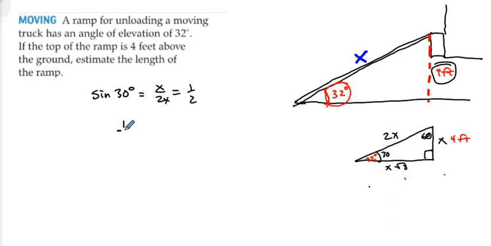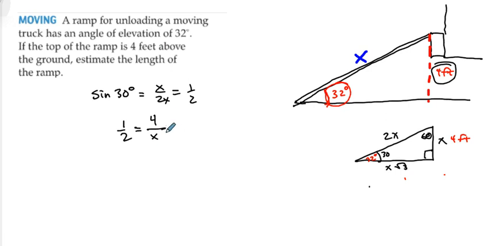It should be equal to this same ratio. Think about what sine is. Sine is opposite over hypotenuse. My hypotenuse in this case is x, so I'm going to put x here. And then my opposite is 4. So you plug the numbers you have into the respective spots, because you have two ratios that should be equivalent, but not exact. So we got 1/2 is equal to 4 over x.